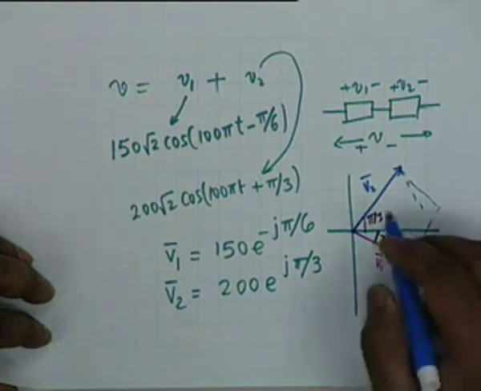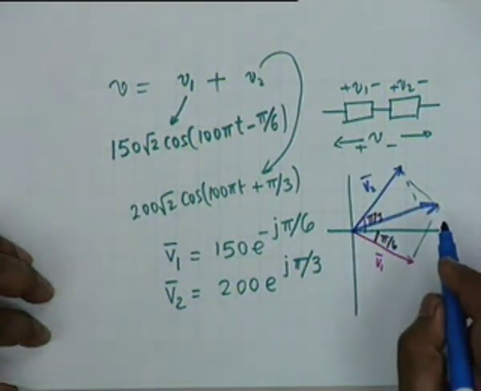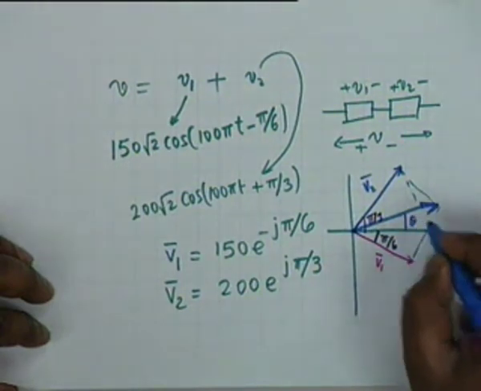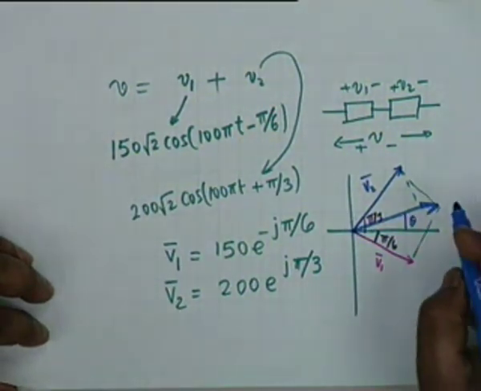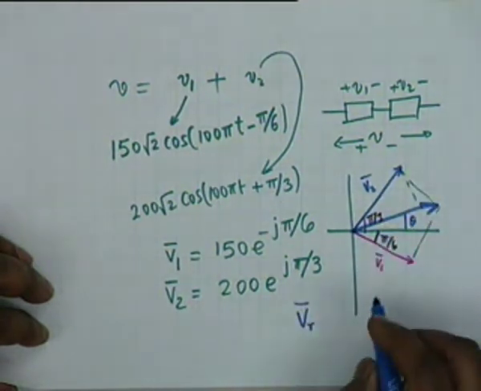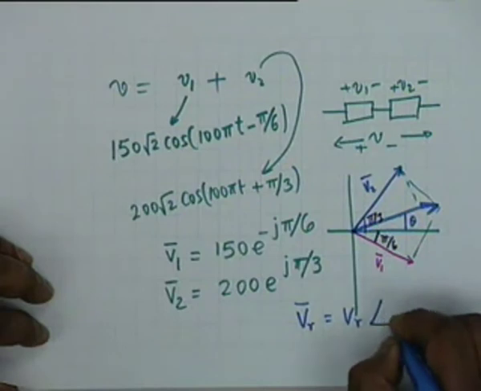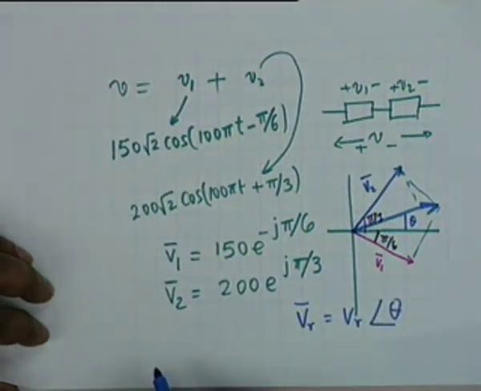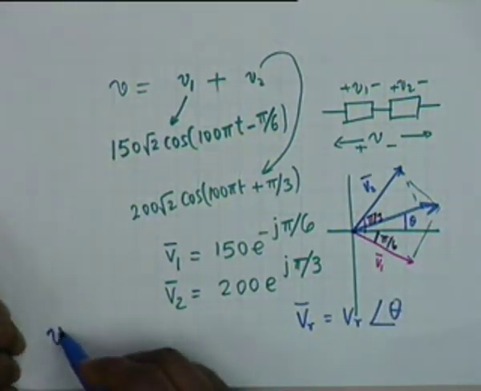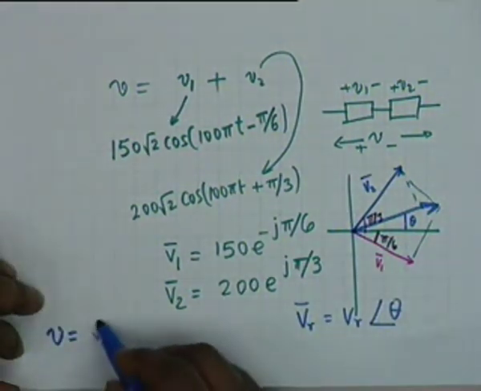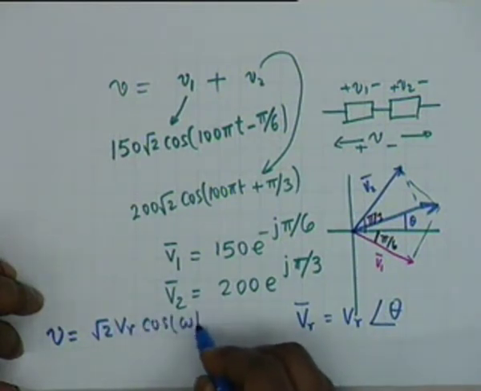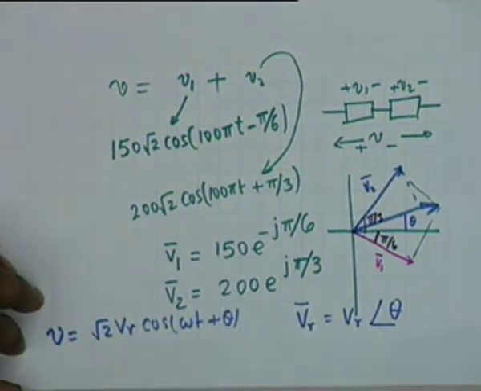You can measure this and measure this angle theta, then you will be able to find out. Suppose the resultant is VR, which is VR angle theta, alright. If it is so, then you know what is the resultant. Resultant would be root 2 VR cosine of omega t plus theta. As simple as that.